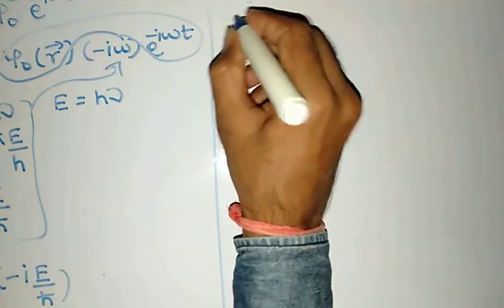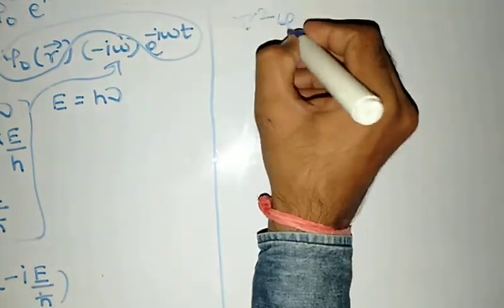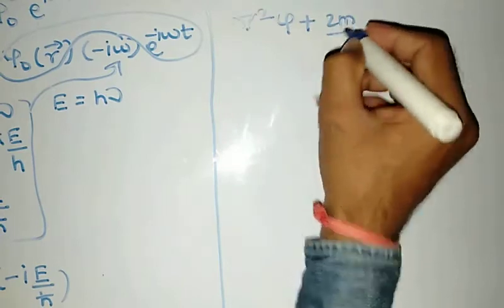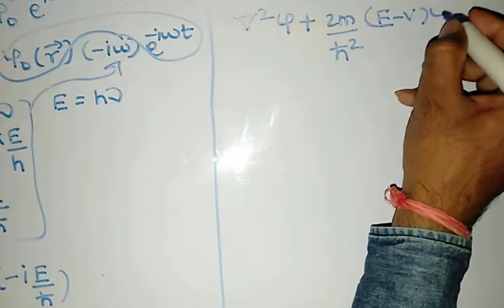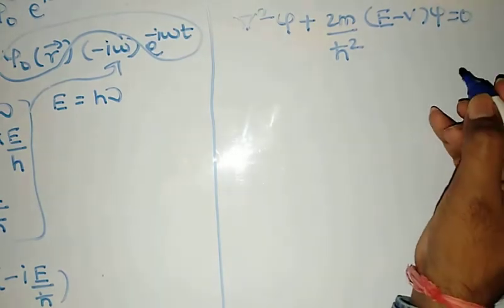We know that del square psi plus 2m upon h cut square (E minus V) psi is equal to 0.